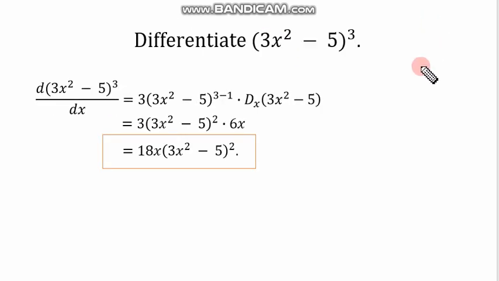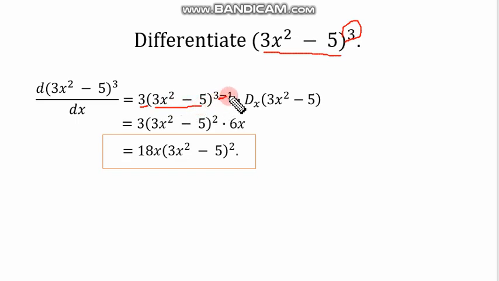Another example, we will differentiate (3x squared minus 5) cubed. Okay, here you see the chain rule or the generalized power rule. So that's the outer function. That's 3 times (3x squared minus 5), and we will not do anything here at all.